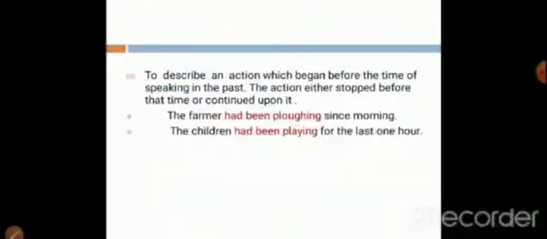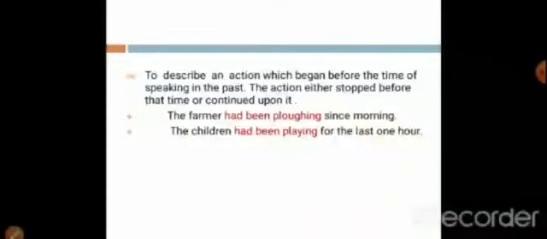To describe an action which began before the time of speaking in the past, the action either stopped before that time or continued upon it. It is something which was happening in the past before one speaks about it. The farmer had been plowing since morning.